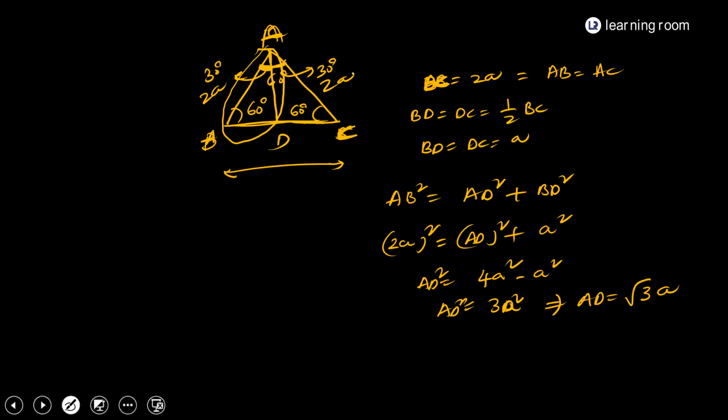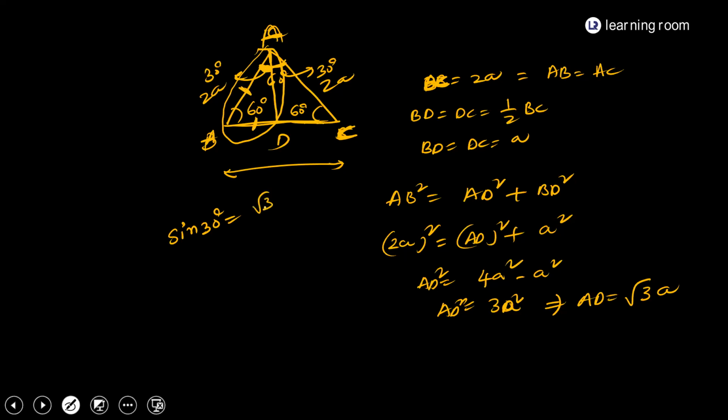Now we need to find out sin 30. So where is 30 here? Here is 30, right? For sine, we need to consider opposite by hypotenuse. Opposite is BD. BD is how much?